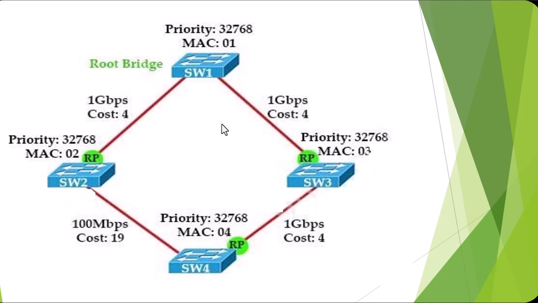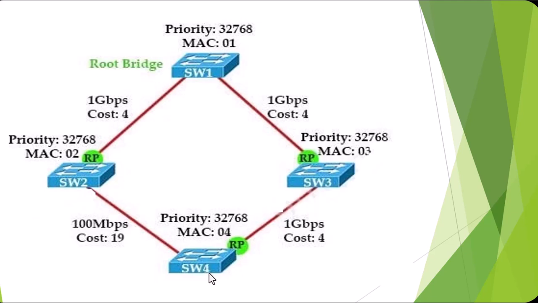Now, from switch 2 and switch 3's perspective, the lowest cost path or BPDU is the directly connected link to switch 1. It is cost 4 and it is cost 4. So they are put into the root port.